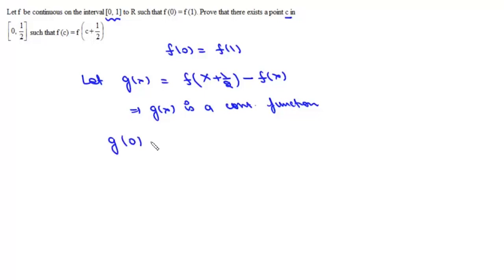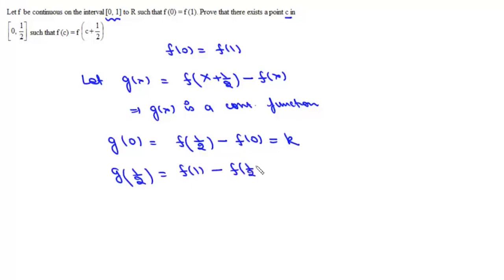Now if we find the value of g(0), then the value of g(0) will be f(1 by 2) minus f(0), and say this value is k. And if we find the value of g(1 by 2), value of g(1 by 2) will be f(1) minus f(1 by 2).